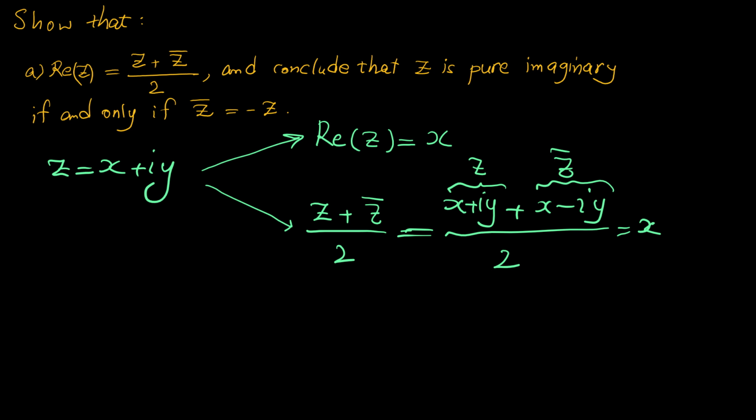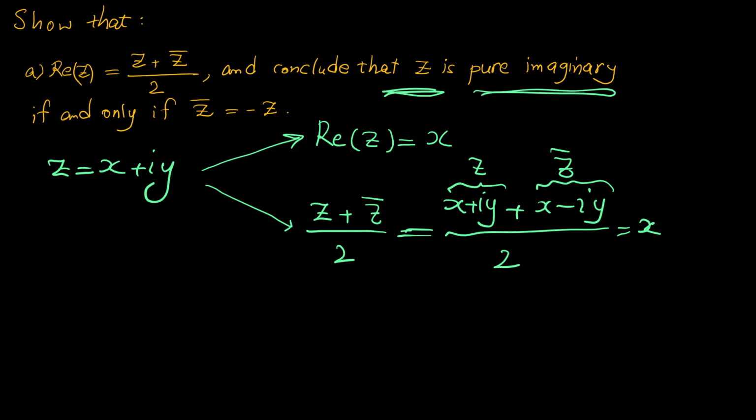Now from this identity, we want to conclude that z is a pure imaginary number if and only if the conjugate of z is equal to negative of z. So, attention, here we want to prove two things.